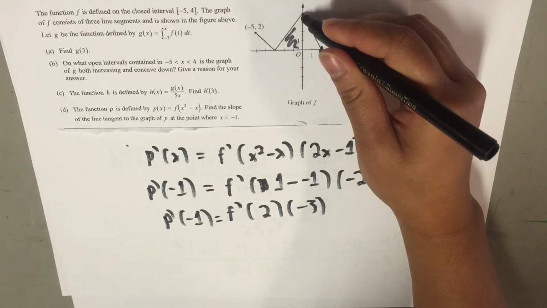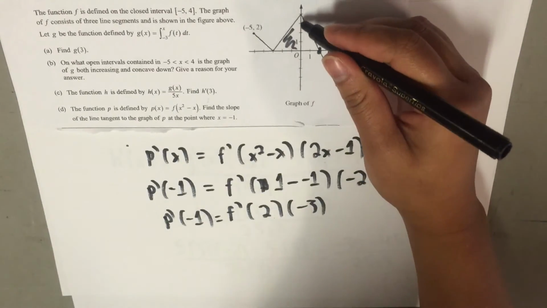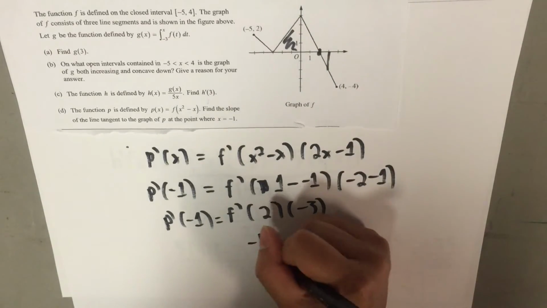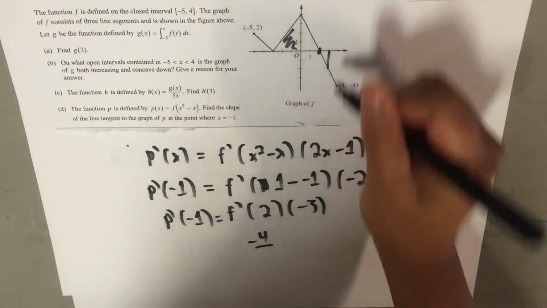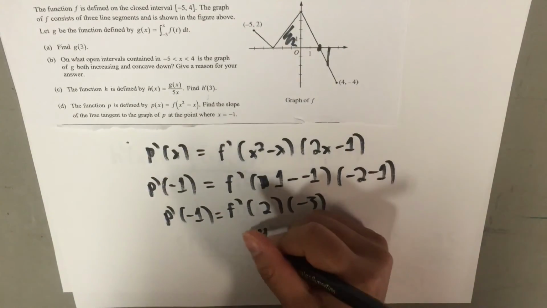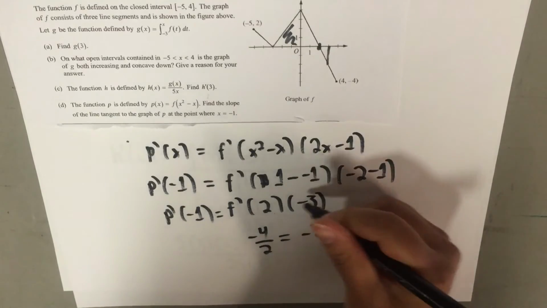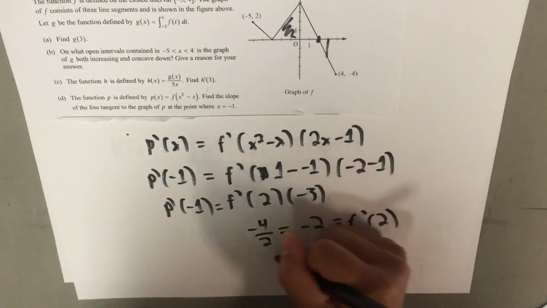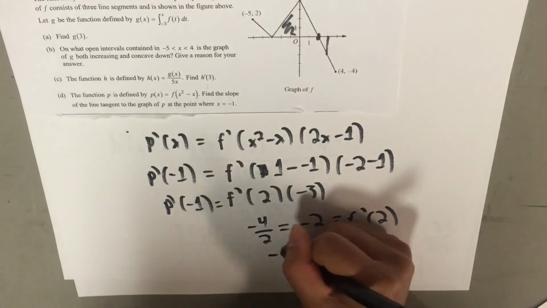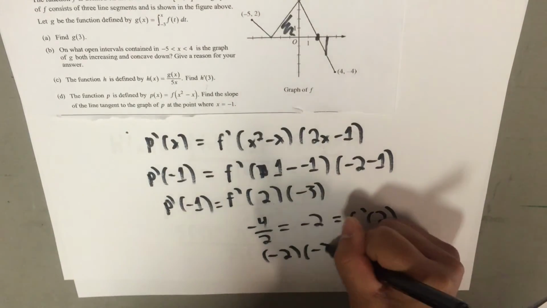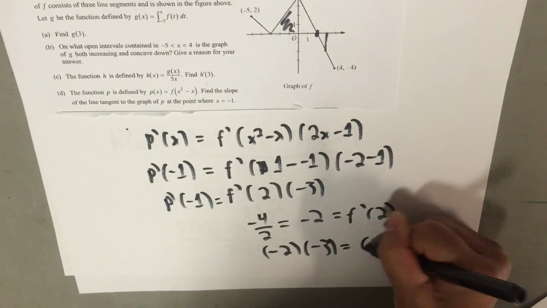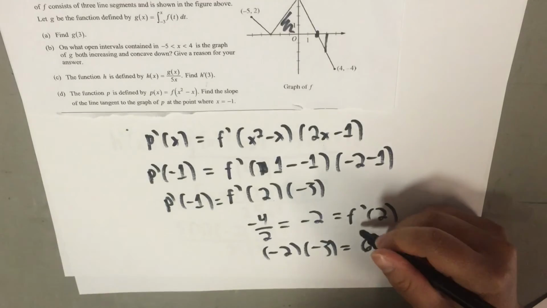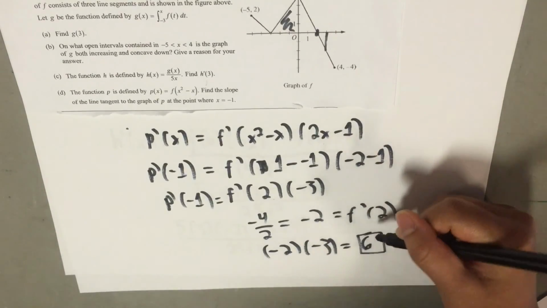So you could just count 1, 2, 3, 4. That's -4 over 1, 2, and that equals -2. So -2 times -3 is 6, and that is the slope of the line tangent to the graph of p at x equals -1.